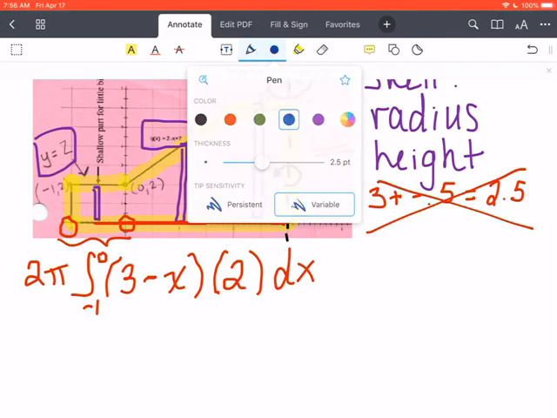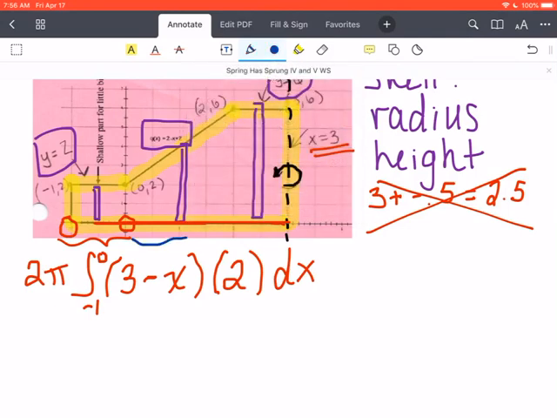So now we are going to look at this second region here in blue. And if I look at this representative rectangle and I draw in a radius to that rectangle, I know that it's going to be less than 3. Okay, so 3 is kind of a key number here.